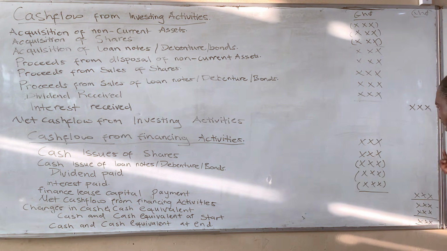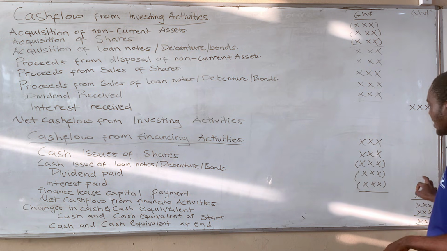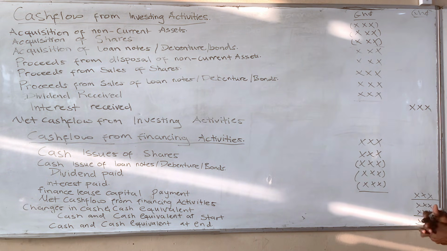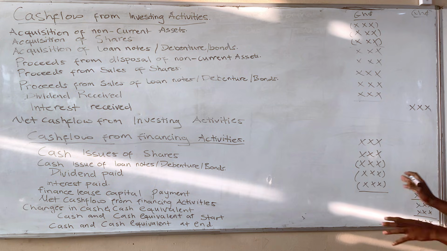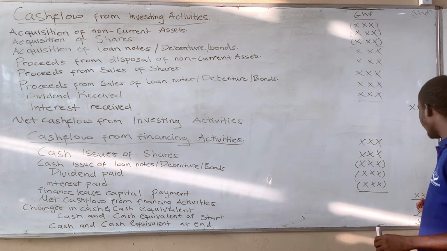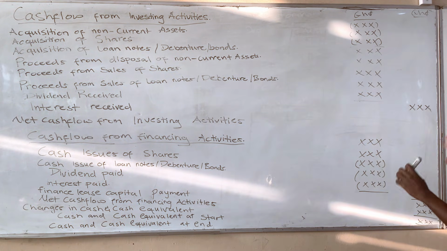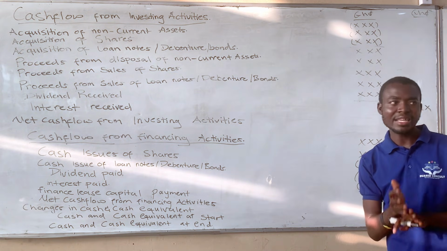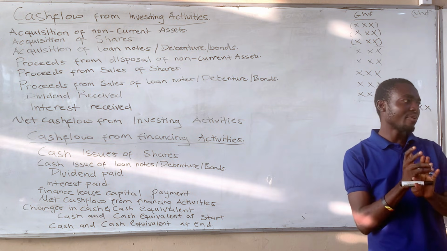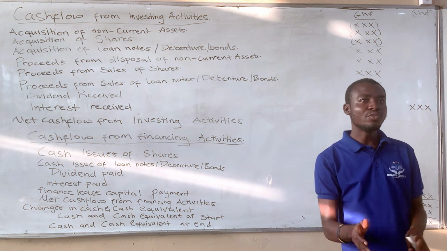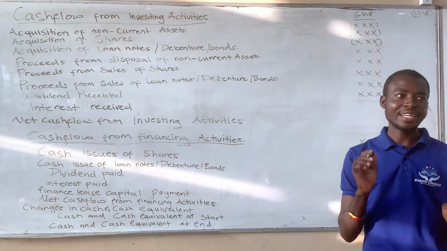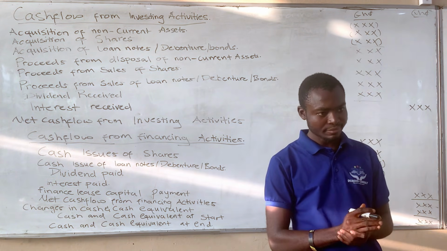So after getting your net cash flow from operating activities, investing activities, and financing activities, you sum them to get your changes in cash and cash equivalents. After getting your changes in cash and cash equivalents, we record the cash and cash equivalents at the start. So changes in cash and cash equivalents plus cash and cash equivalents at the start of the period will give you cash and cash equivalents at the end.